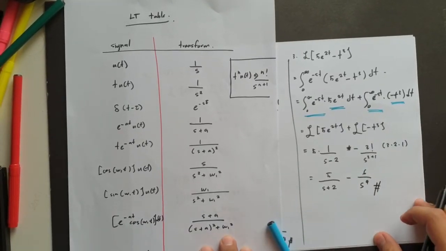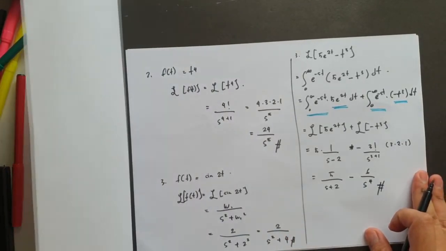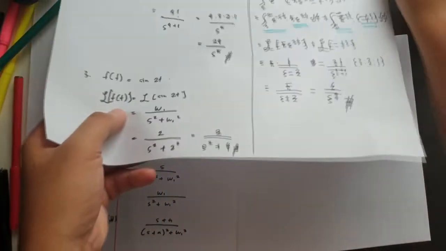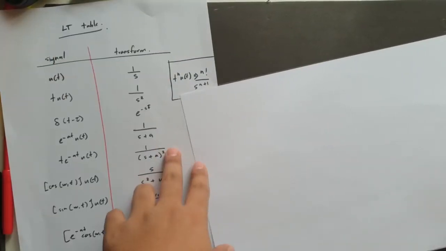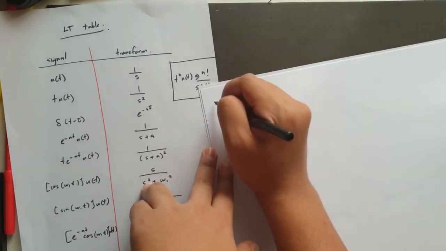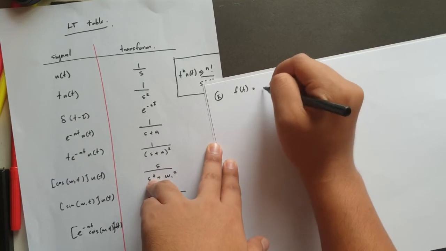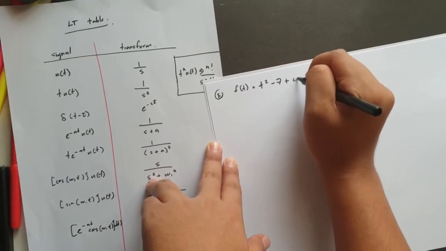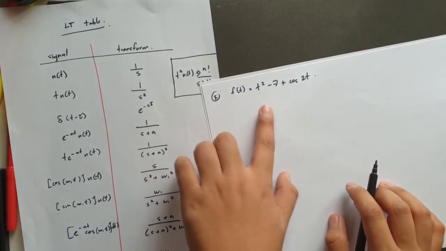Simple, right? Okay, for the last question, exercise number 5: the function f(t) equals negative 7 plus cos 2t.